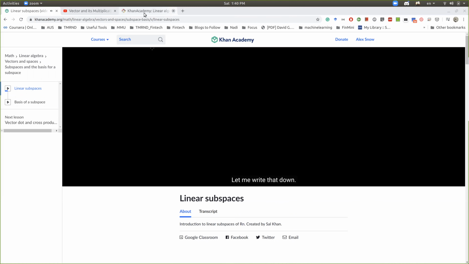I'm going to say that a set of vectors V, so V is some subset of vectors, some subset of Rn. So we already said Rn, when we think about it, is really an infinitely large set of vectors where each of those vectors has n components. I'm not going to formally define it, but this is just a set of vectors.